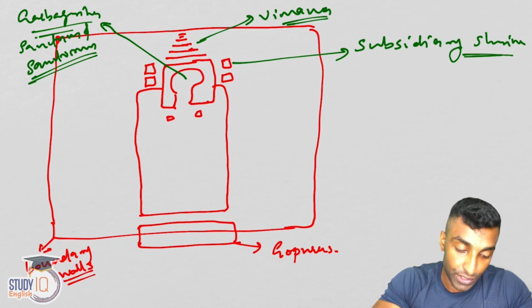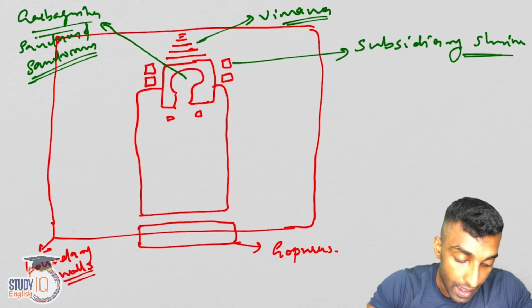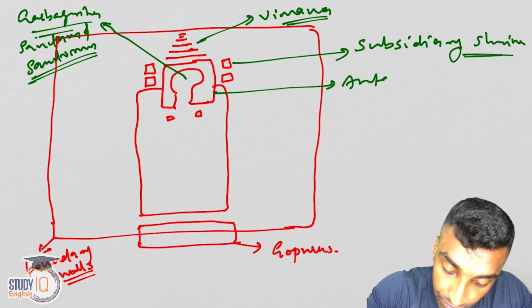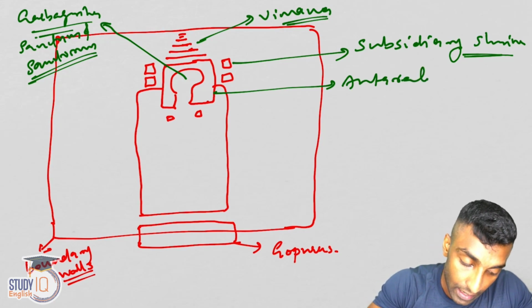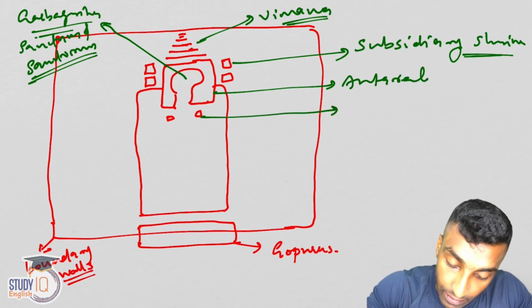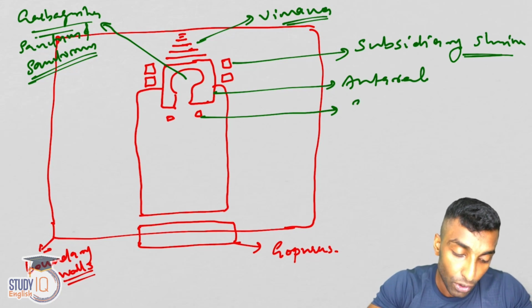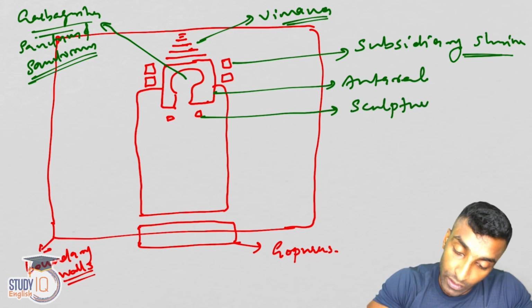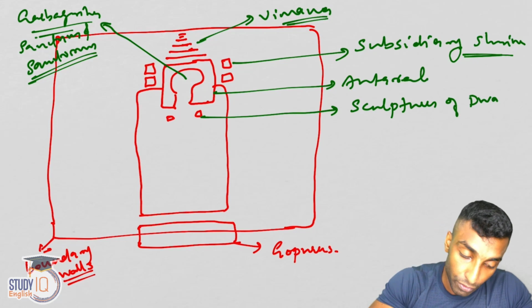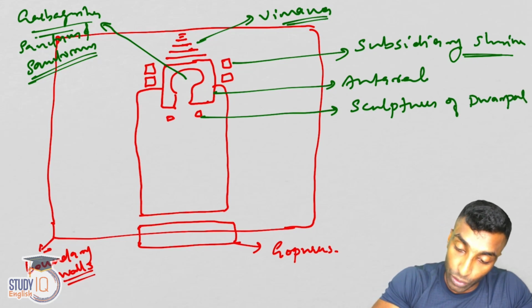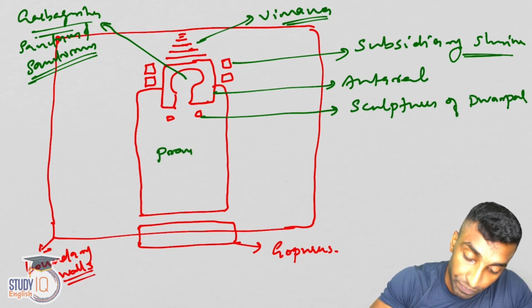So these are subsidiary shrines. And this is the Antaral. And then these are some sculptures of Dwarpal. Sculptures of Dwarpal, and this is your prayer hall.